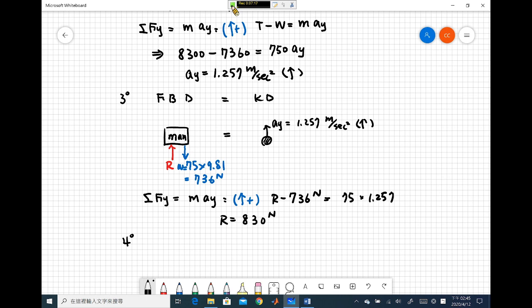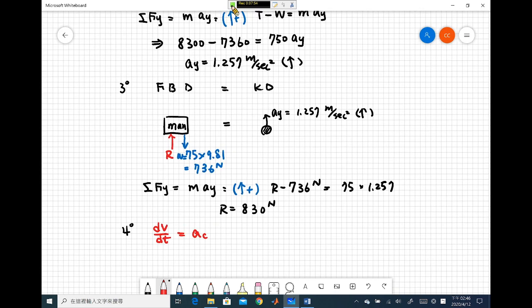For part 4, we want to determine the velocity, and it's saying the acceleration will be constant, right? So that means we can use dv over dt will be equal to ac, and this ac will be that ay we just calculated.